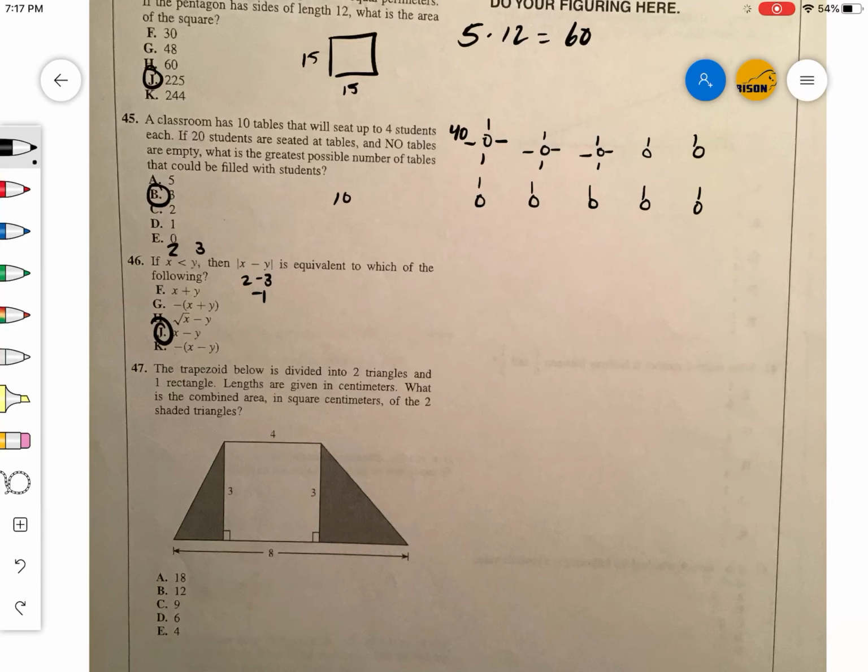47. The trapezoid below. Hang on a second. We're frozen here.